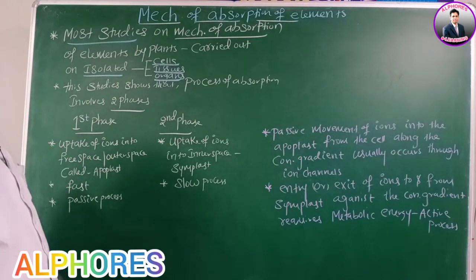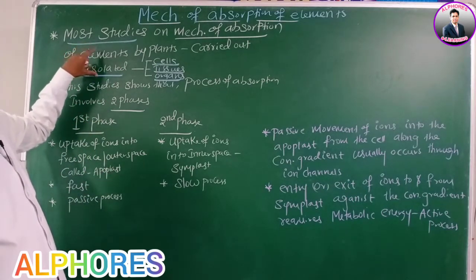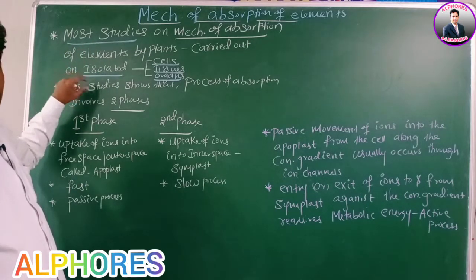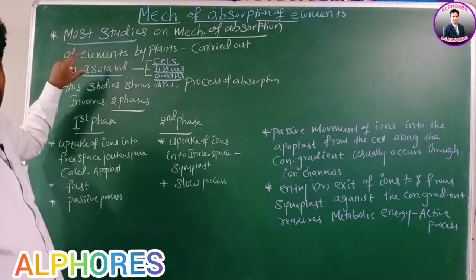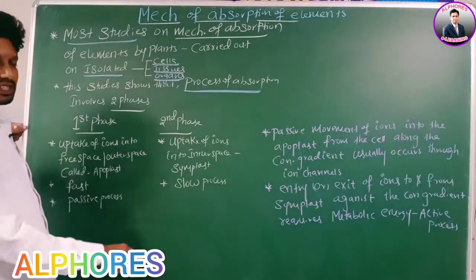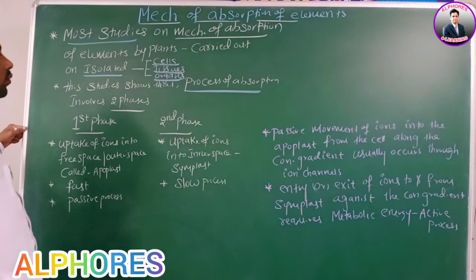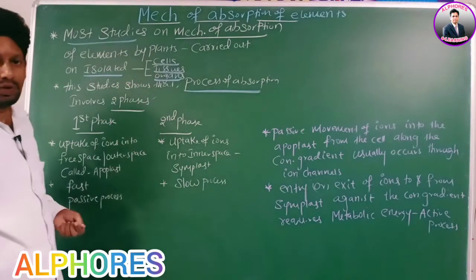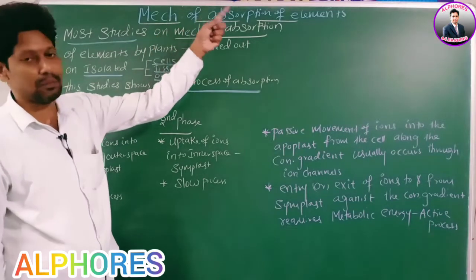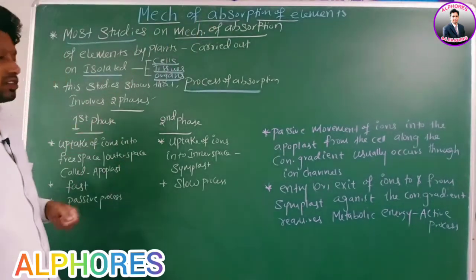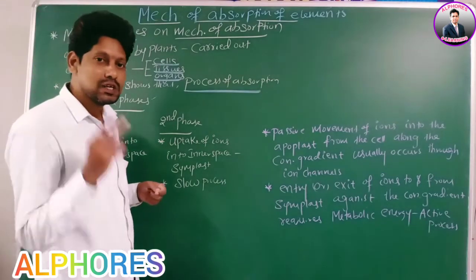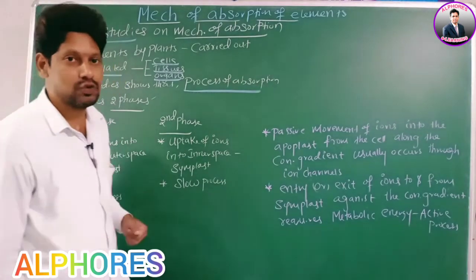What do these studies show? These studies show that the process of absorption involves two phases. The process of absorption, that is the mechanism of absorption of elements, involves how many phases? Two phases.